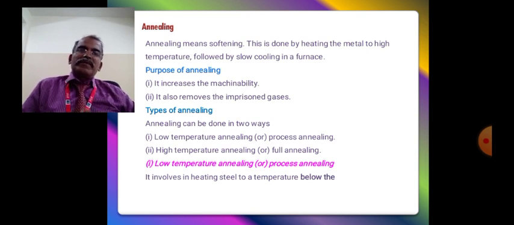The purpose of annealing is to increase machinability, and it also removes imprisoned gases. There are 2 types of annealing process available.